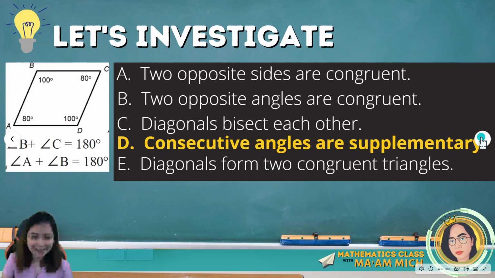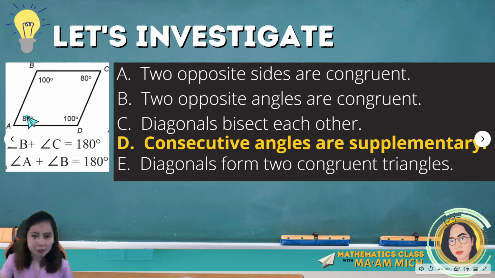Let's proceed. Okay, the answer is letter D. Consecutive angles are supplementary. As you can see, we have here angle B plus angle C equals 180 degrees. We have here 100 plus 80, 180 degrees. Angle A and angle B, 100 degrees and 80 degrees, we have 180 degrees.